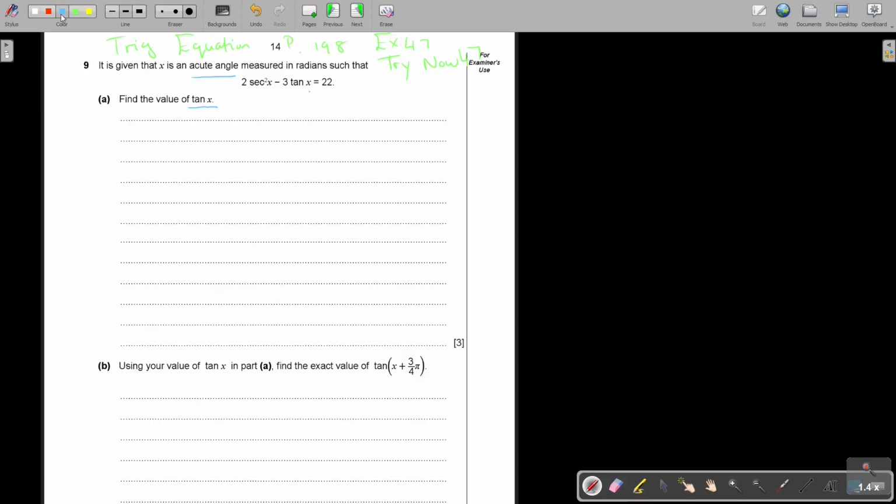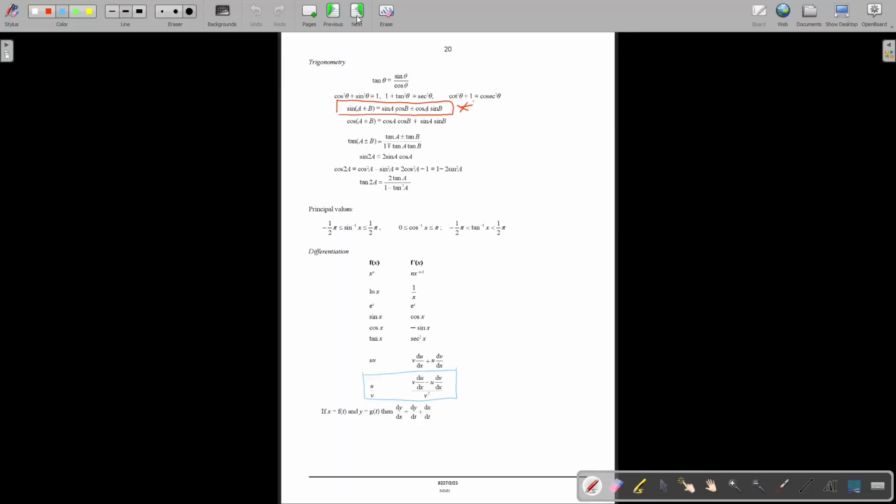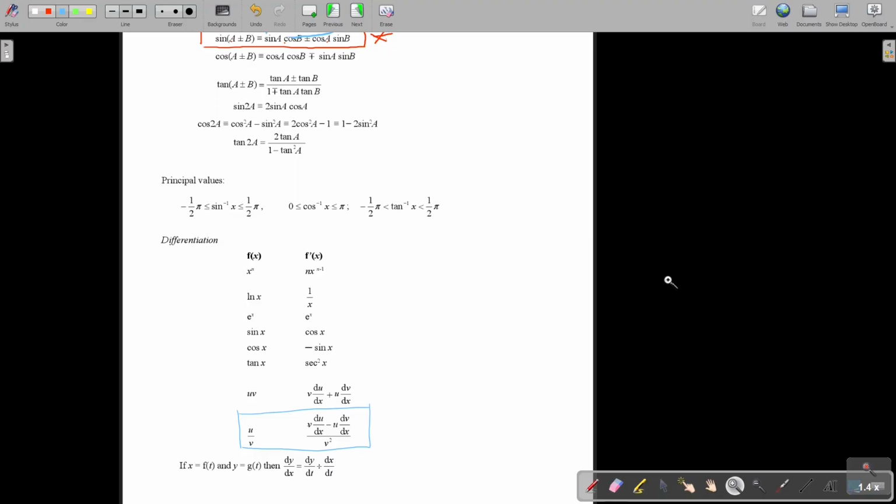Okay, so find the value of tan x. First I'm going to rewrite it: 2 sec squared x minus 3 tan x equals 22. Now I must replace using an identity, which is on the formula sheet.